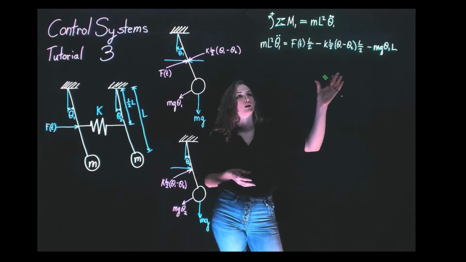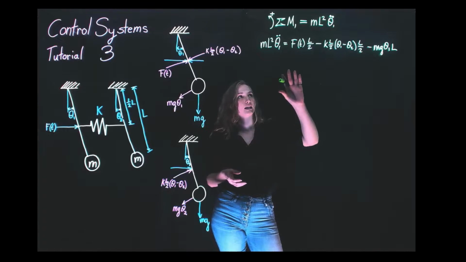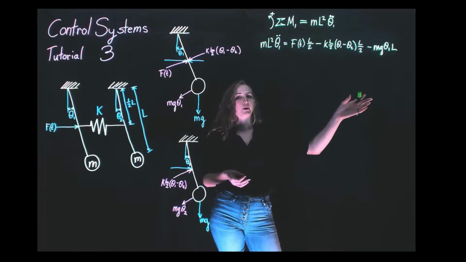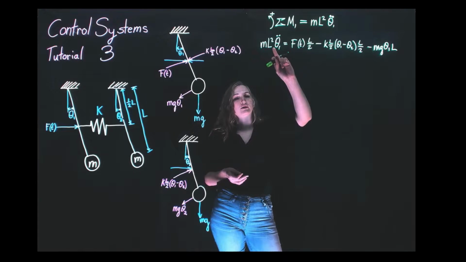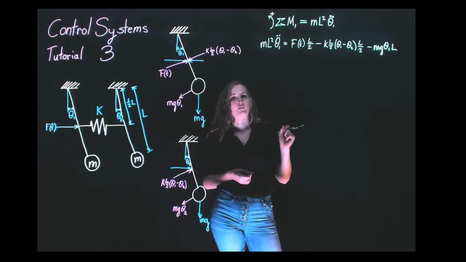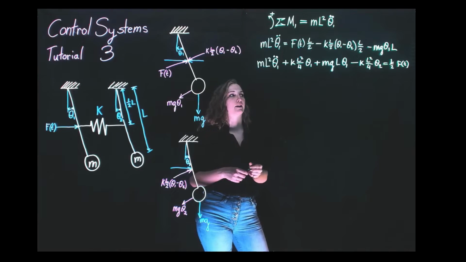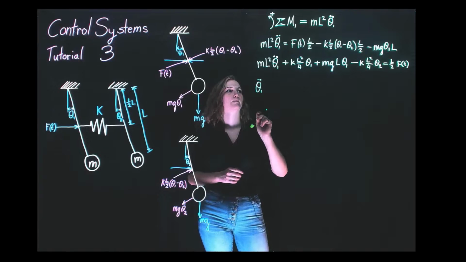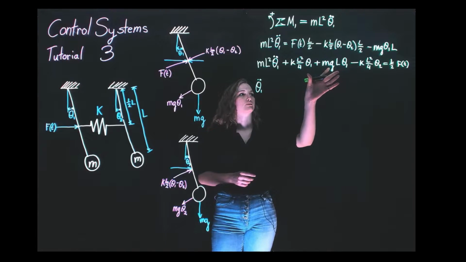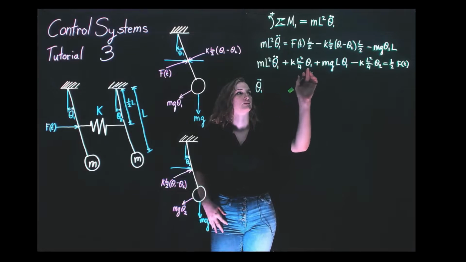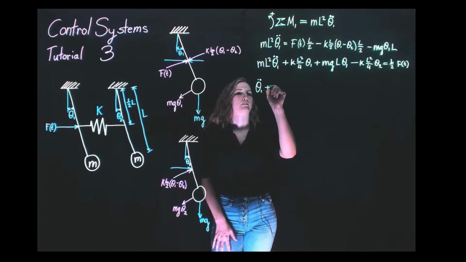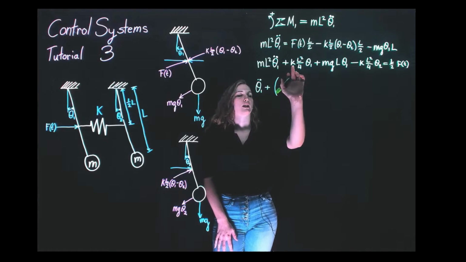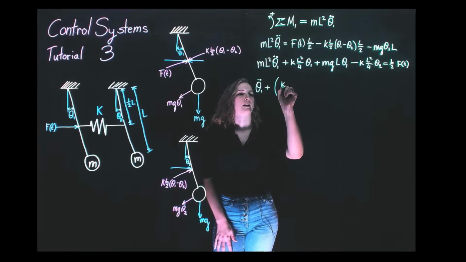So we're going to move all of our outputs to the left side, and all of our inputs will keep on the right. And then we'll also make sure that there's no coefficient in front of our theta 1 double dot. And in order to do that, we'll divide everything by that. So to start, we get theta 1 double dot. And while I'm at it, I'm going to combine just these 2 terms here since they're both multiplied by theta 1. So I get plus, I'm going to open my bracket. So k L squared over 4 becomes k over 4m.